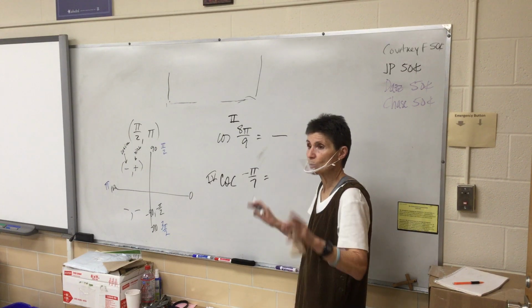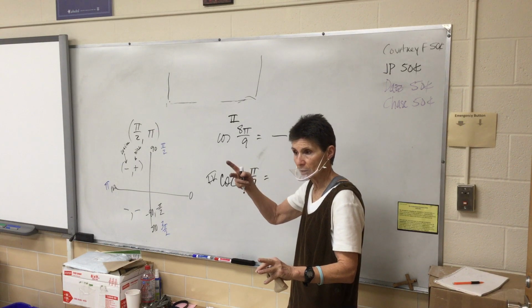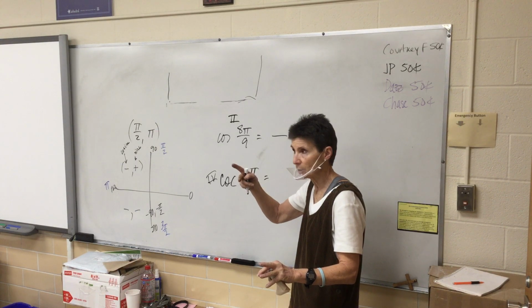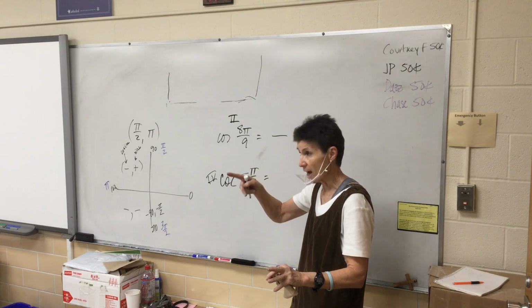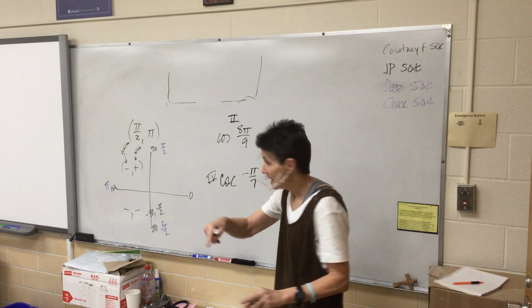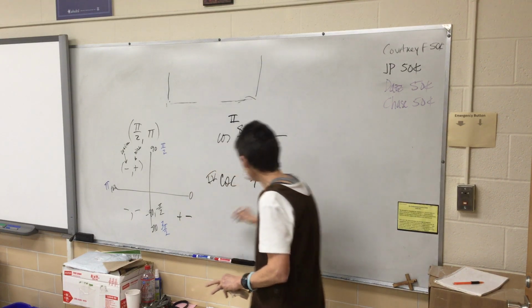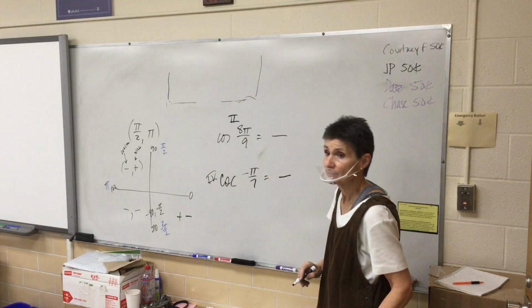Cosecant is a reciprocal function. What's it the reciprocal of? Cosecant is the reciprocal of the sine. Sine is y. And in quadrant 4, y is negative.